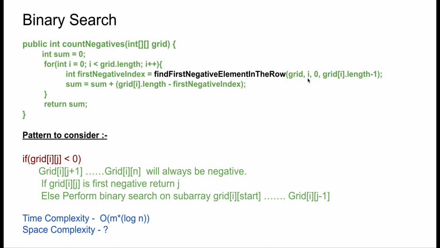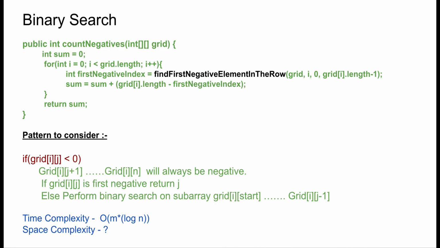The pattern to consider here is that if we have found a negative element at index j in the ith row, then all the elements following the element at index j in the same row will always be negative. If the element at index j is the first negative element, then we return j. Otherwise, we look for the first negative element on the left side of index j.